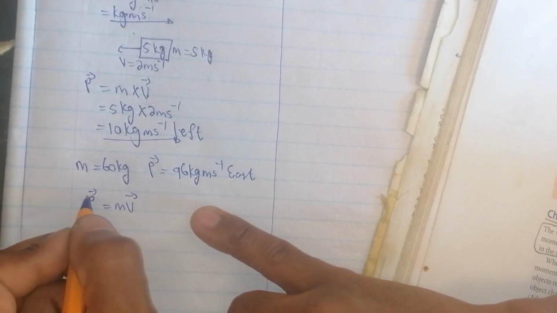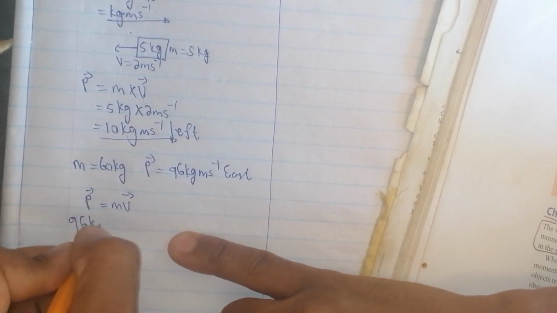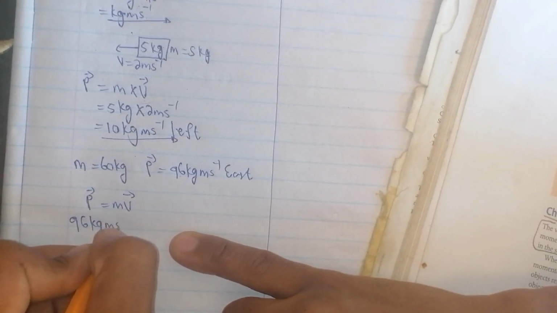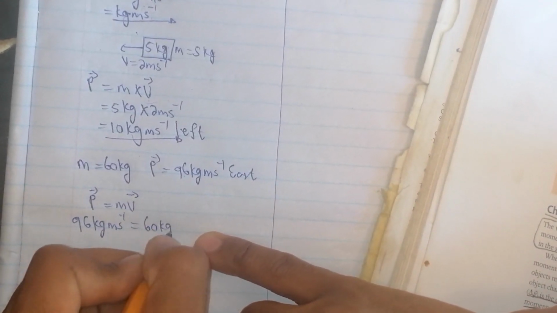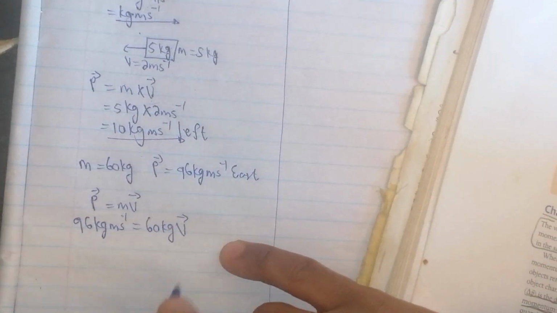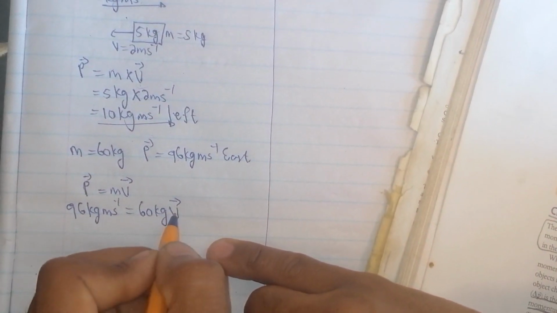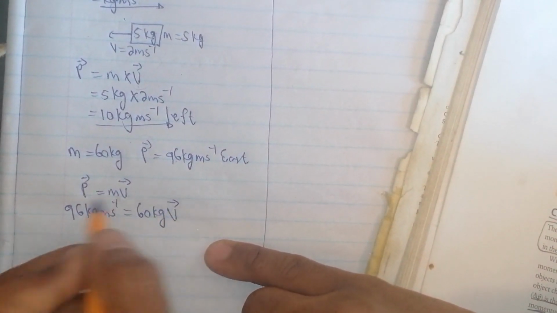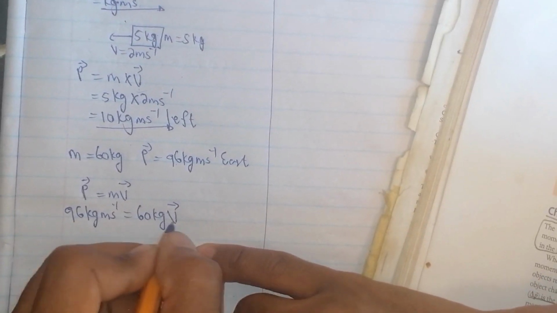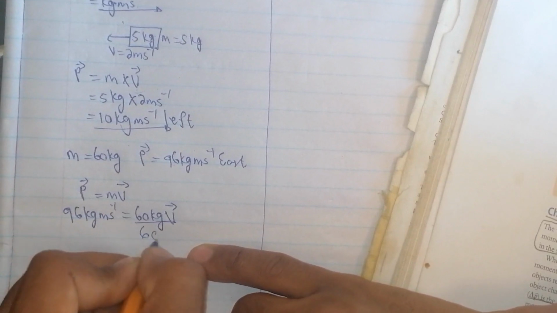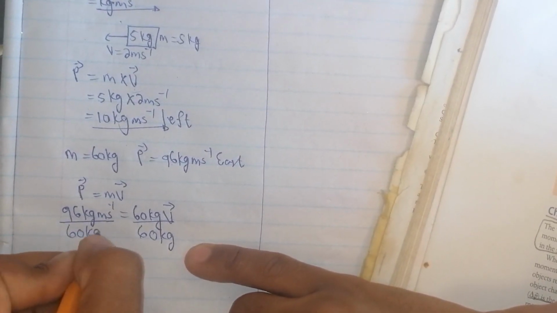Right, so we have momentum, which is 96 kilogram meter per second, equals 60 kilograms multiplied by velocity. And we know that momentum is in the same direction as velocity, and velocity is in the direction of the momentum. So if I'm looking for V, I can divide both sides by 60 kilograms.